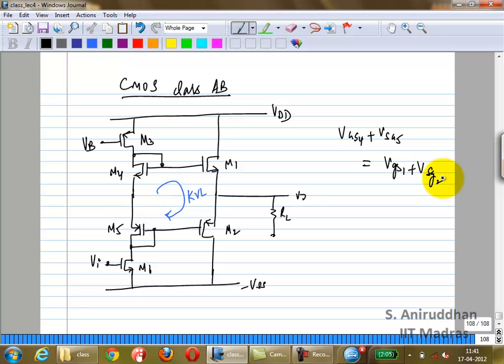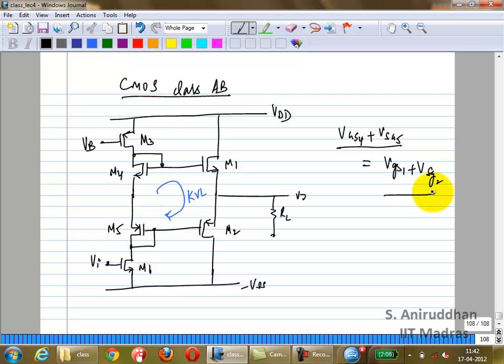This is always valid, the KVL around that loop. I'll assume that first of all there is no body effect. In reality there is going to be body effect, and that is going to change these things, but we'll start off by assuming there is no body effect. M4 and M5 are biased by some current, so that's why these two sides are using capital letters, so that's constant. VSG4 plus VSG5 is constant. The other side has the signal quantities that will vary with time, but the sum of the two, VGS1 plus VSG2, is always limited to some constant value.